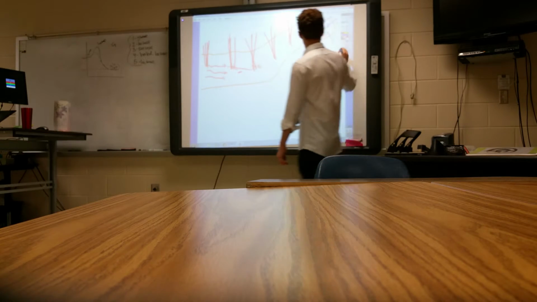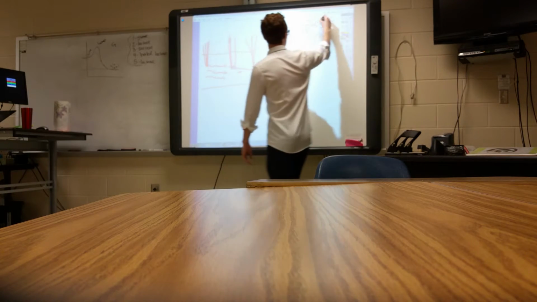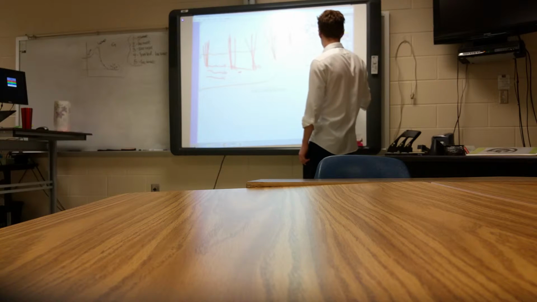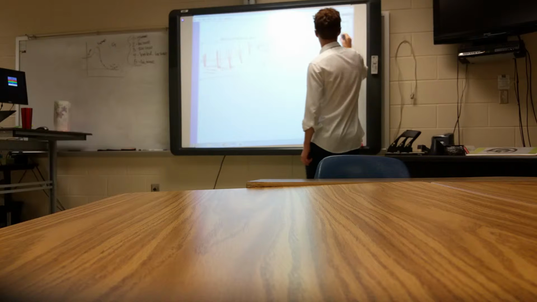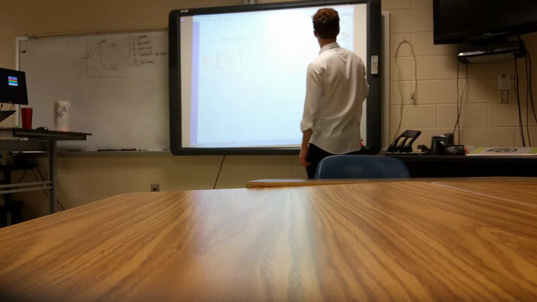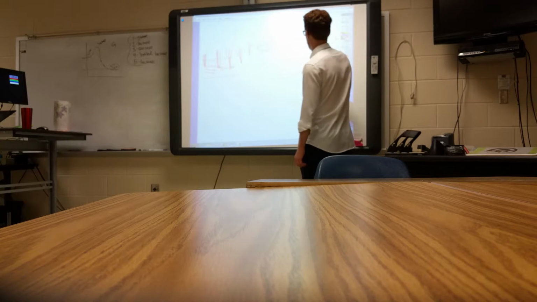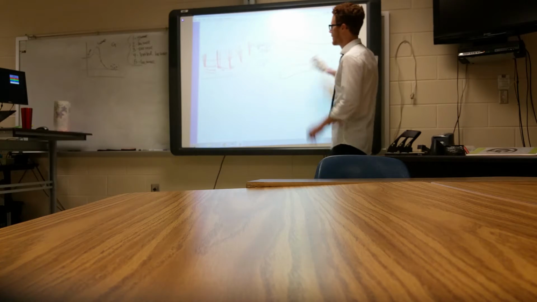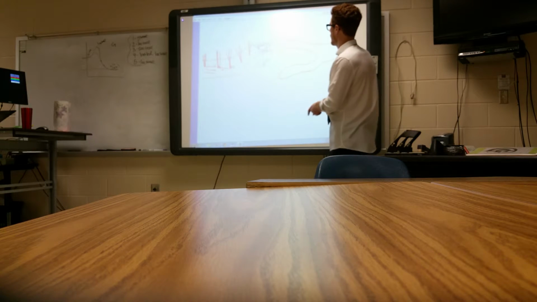When these neurotransmitters diffuse into the synaptic cleft, they're going to interact with another neuron. Here's another neuron. This is the dendrite of another neuron. This is the presynaptic neuron. This is the postsynaptic neuron.